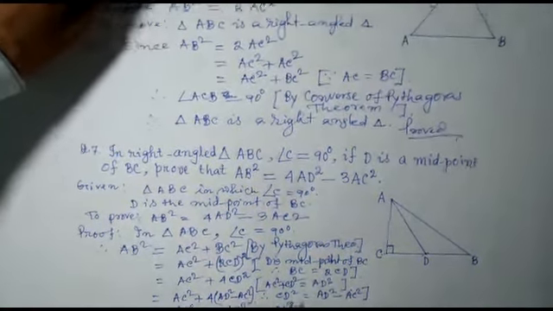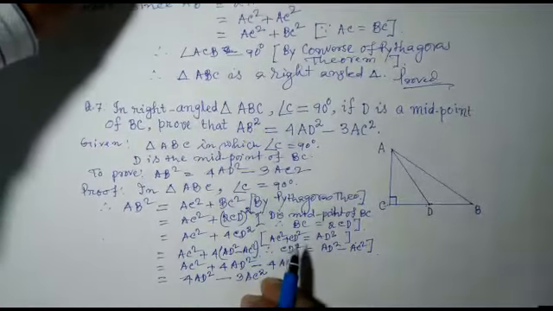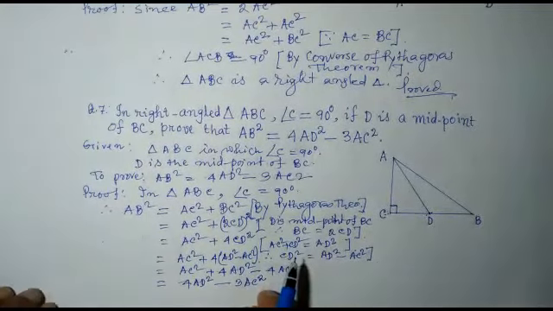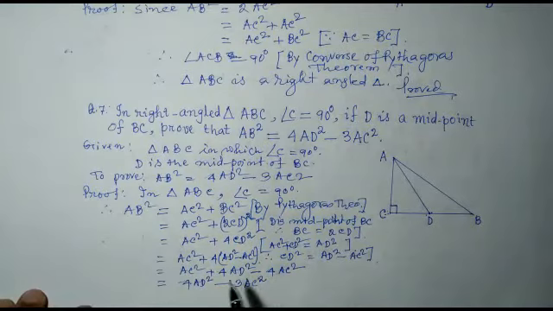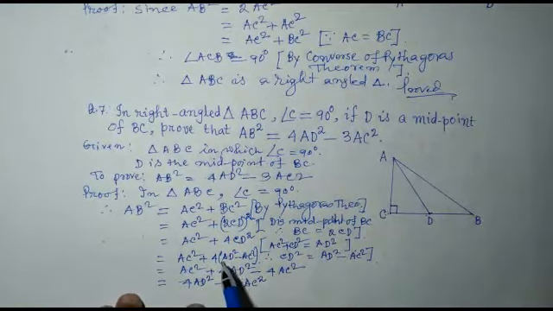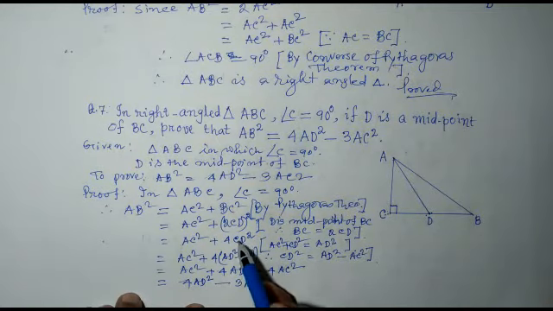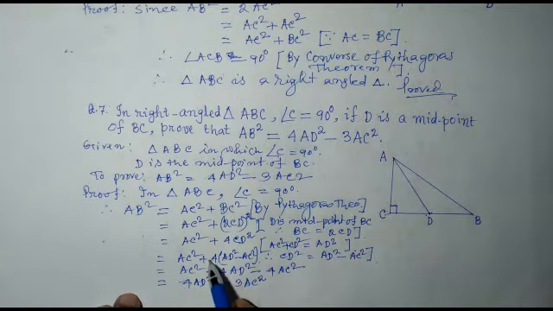Is it not clear? So here we write 4 CD square is AD square minus AC square. So 4 into AD square minus AC square for CD we write. Then we multiply this by 4. This is 4 AD square, and 4 into minus AC square is minus 4 AC square.